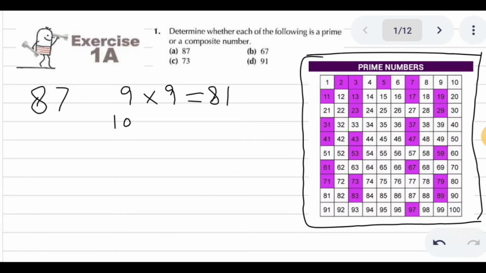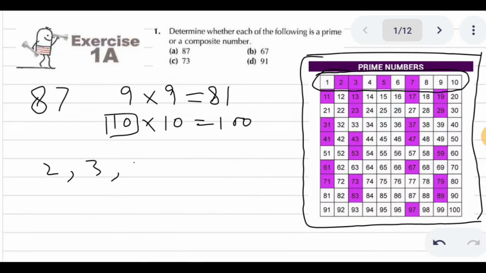Then we go to 10 into 10, which is 100. So 10 is a number whose square is greater than 87. Now we have to consider all the prime numbers which are less than 10, like 2, 3, 5 and 7.